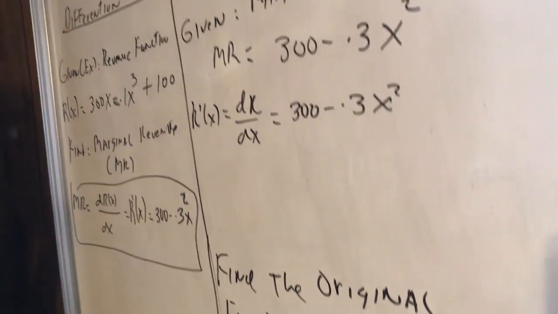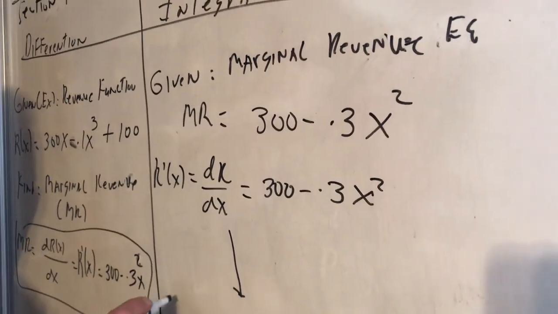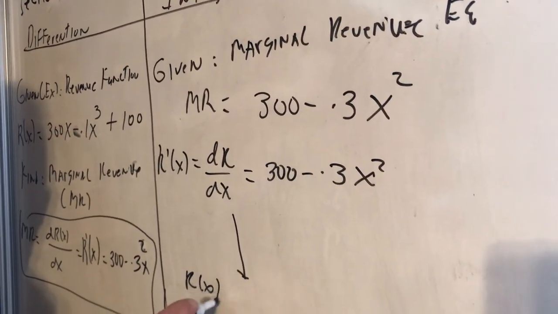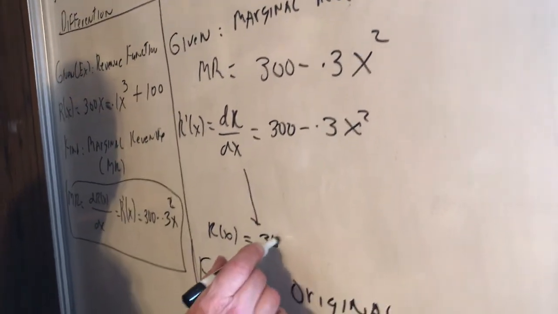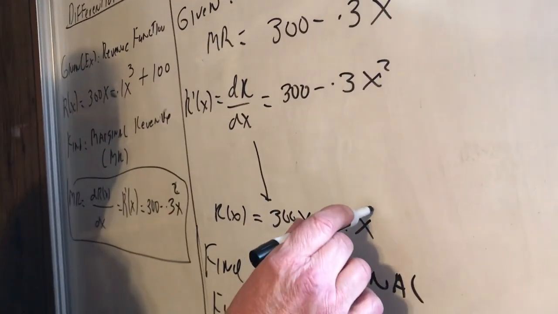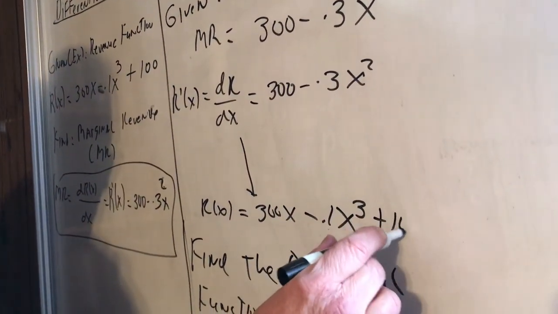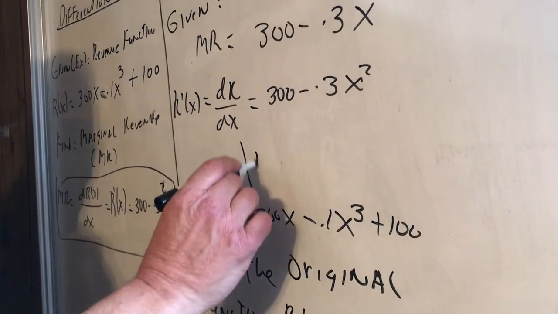So somehow, some way, I want to get from here to here: 300x minus 0.1x cubed plus 100. In order to get from here to here, we do a process called integration.